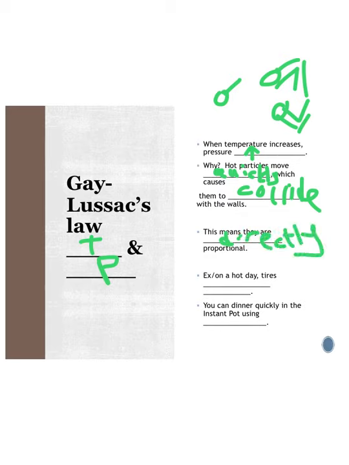And again, it makes sense. The faster something moves in there, if you shake it or throw it or make it move faster, the more it's going to hit the walls. Some things we see in here: on a hot day, tires blow out. And like I said earlier, you can cook dinner quickly in the Instant Pot using pressure. So the actual food cooking takes hardly any time at all, but it takes a little bit of time to get it up with that pressure on there.